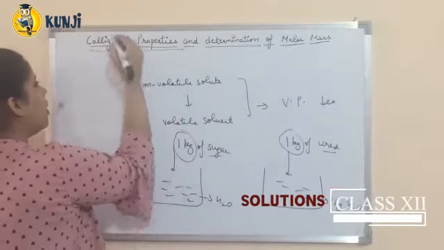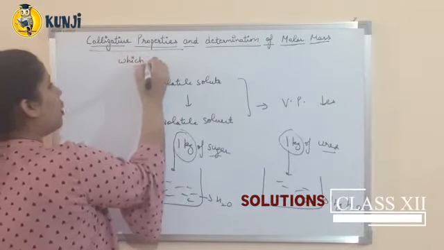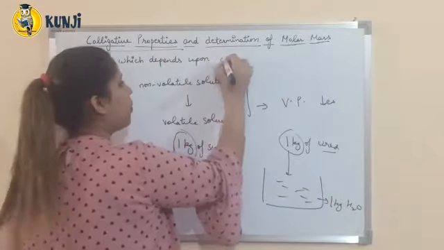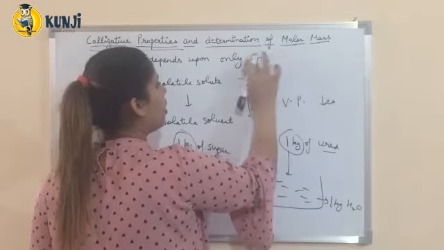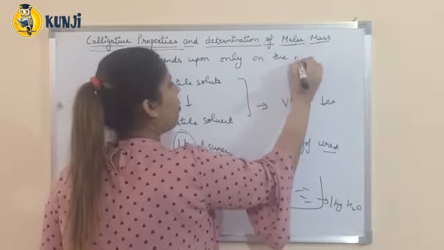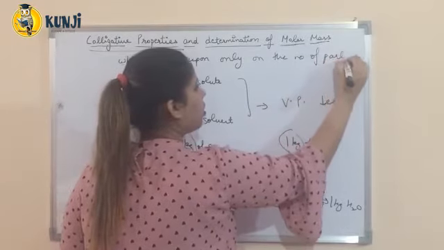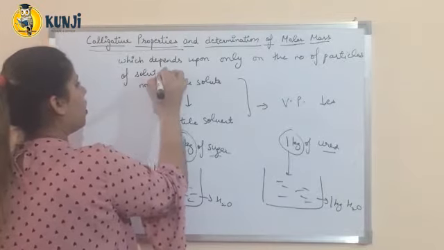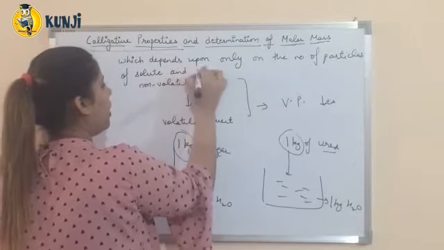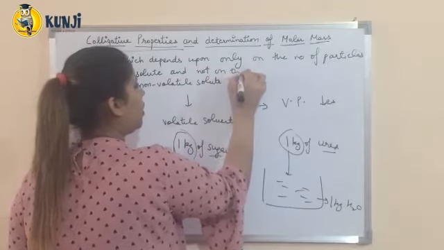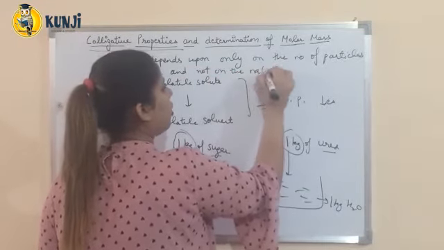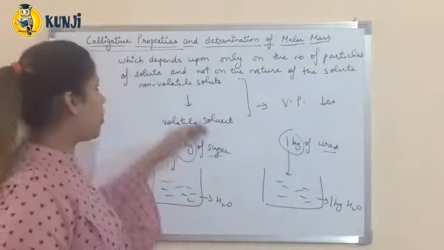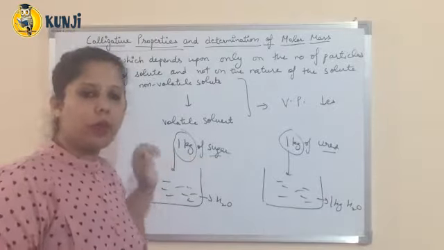So how can we define it? The properties which depend only on the number of particles of solute, and not on the nature of the solute, are known as colligative properties.